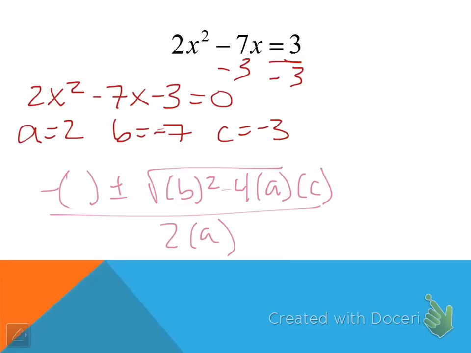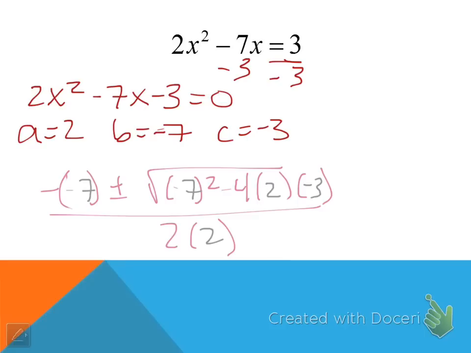Okay, so my b's in this situation are negative 7s. My a's are 2. And my c is negative 3.